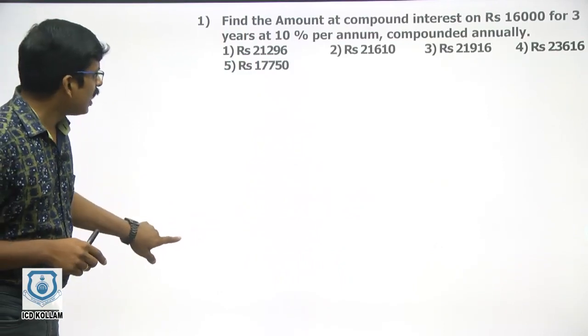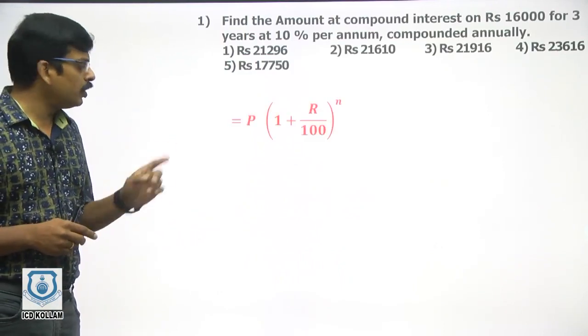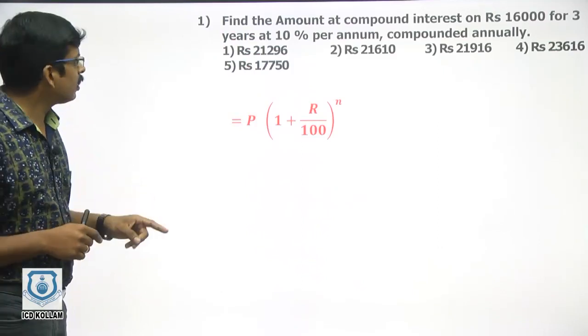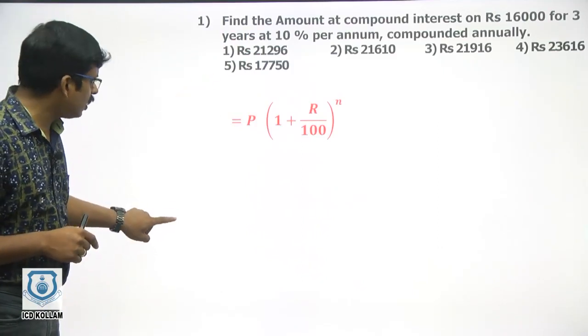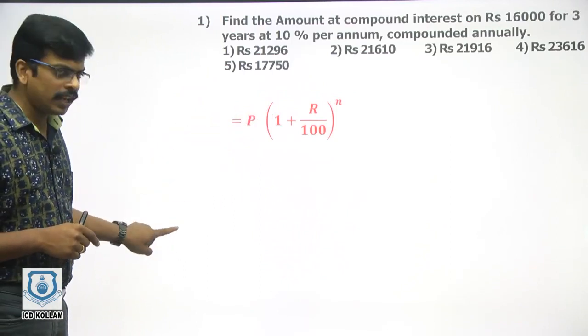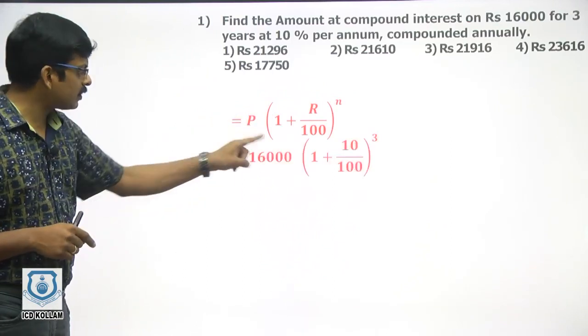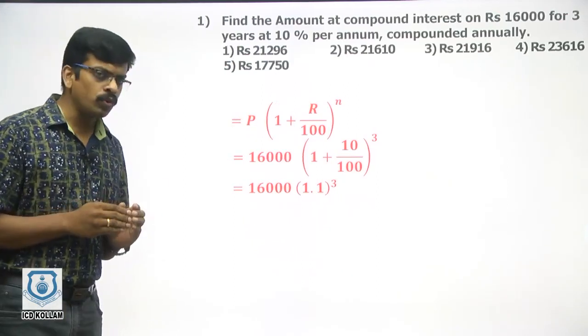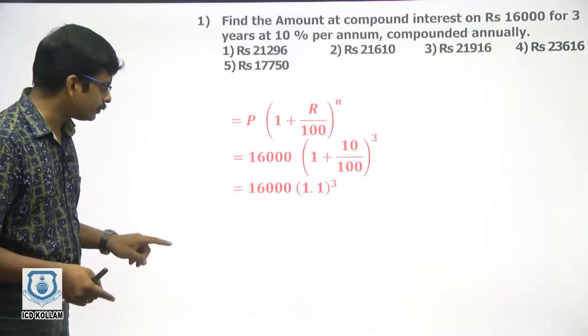It is that amount is equal to P into (1 plus R by 100) the whole raised to N. Here P is 16,000 and R is 10% per annum. So I replace that and we get it as 16,000 into 1.1 the cube.